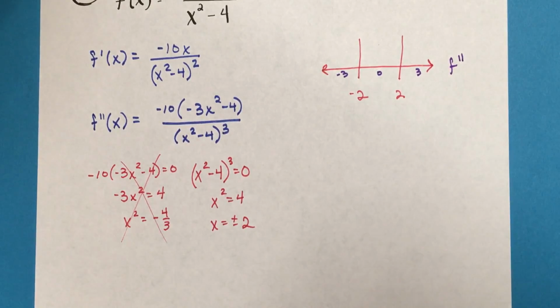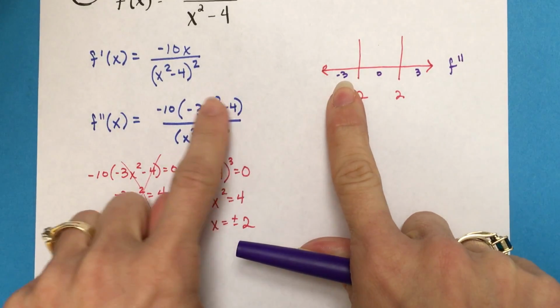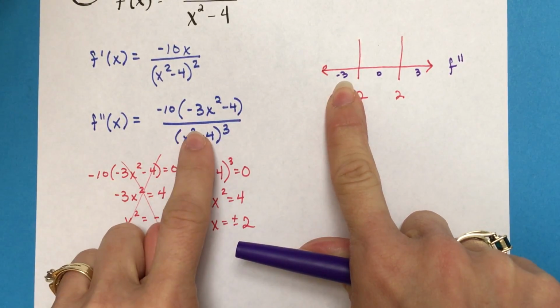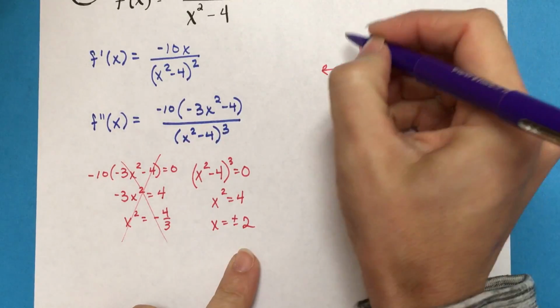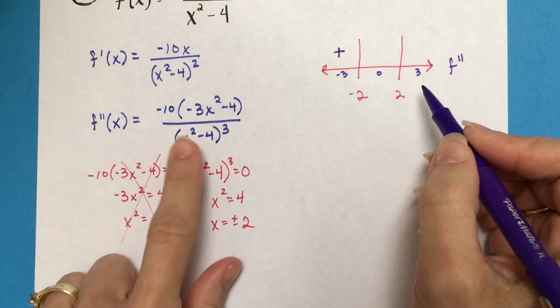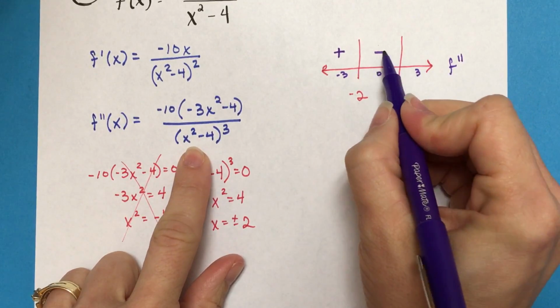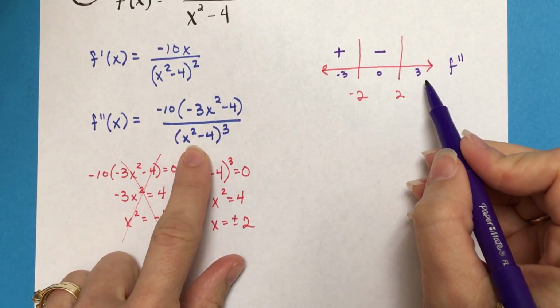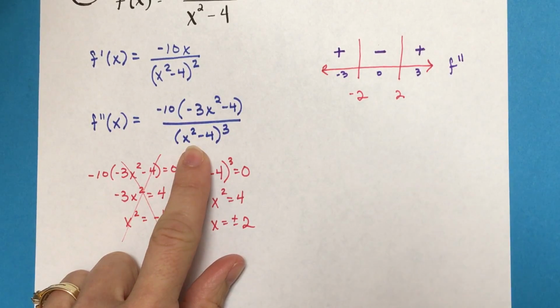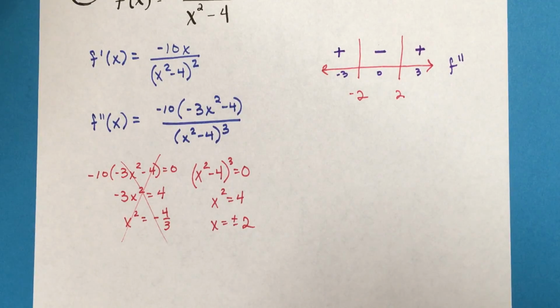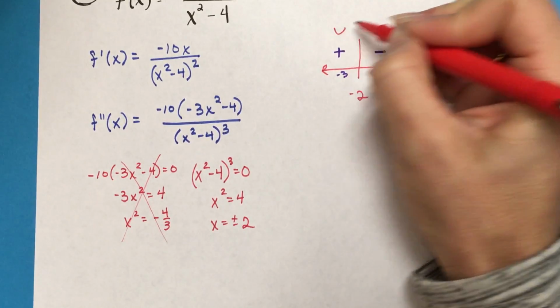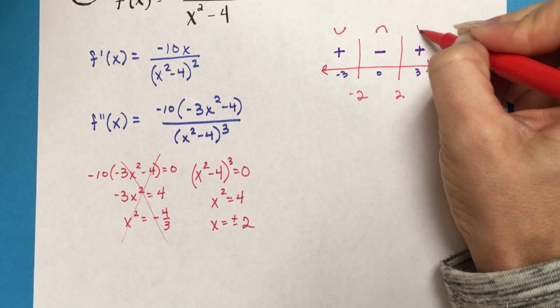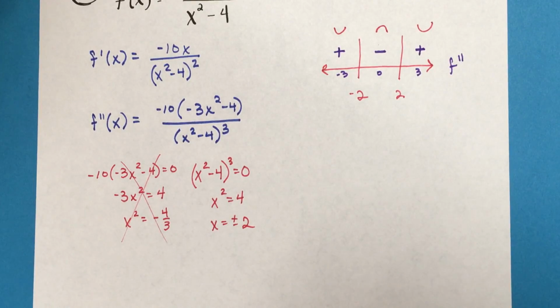And remember, you're going to substitute these test values into your second derivative, okay? So if you were to substitute negative 3 into the second derivative, you're going to get something that's positive. If you substitute 0 in, you're going to get a negative. And then if you substitute 3 in, you're going to get a positive. So that means that we're dealing here with concave up, concave down, concave up.